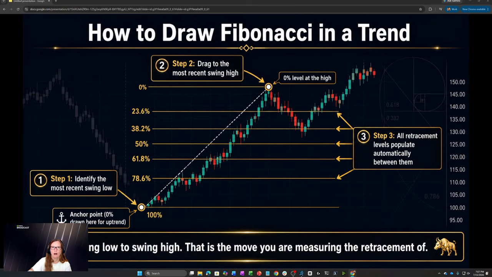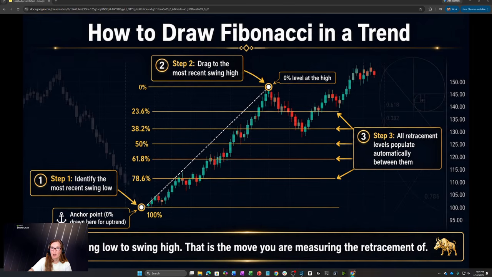Here's how I draw the Fibonacci in a trending market. For an uptrend, I anchor the tool at the most recent significant swing low and drag it up to the most recent significant swing high.